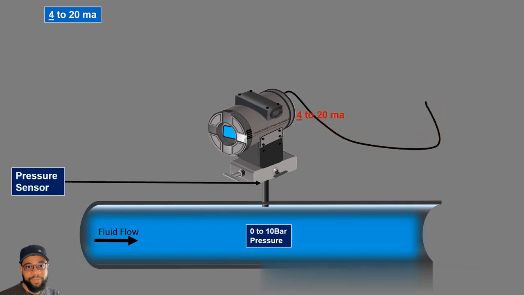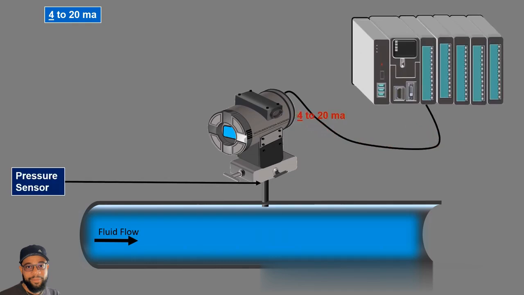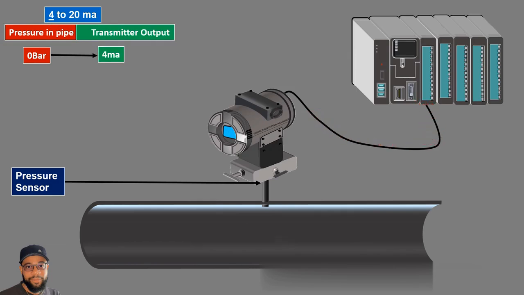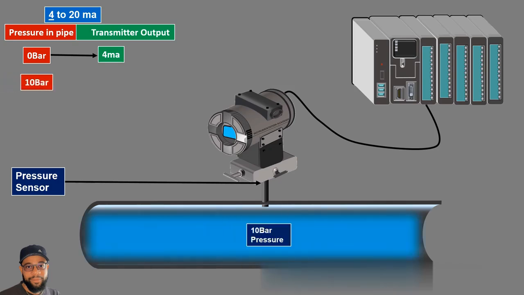This pressure transmitter is connected to the input card of a PLC. When there is no fluid flowing through the pipeline, no pressure is exerted on the sensor. But the pressure transmitter still generates 4 milliampere current signal at the output terminal. If the pressure exerted on the sensor is at its maximum calibrated value of 10 bar, the transmitter generates 20 milliampere current signal at the output terminals.